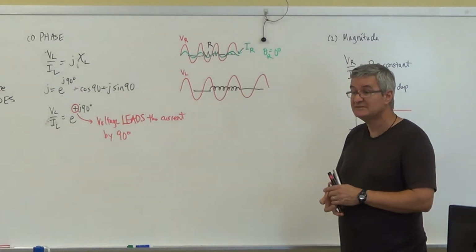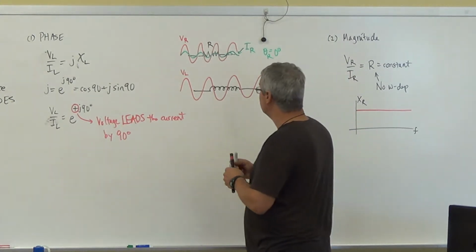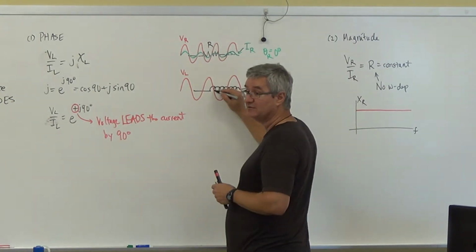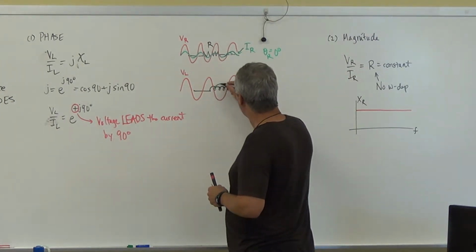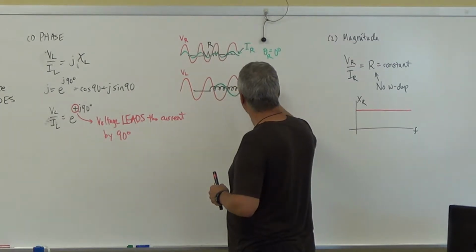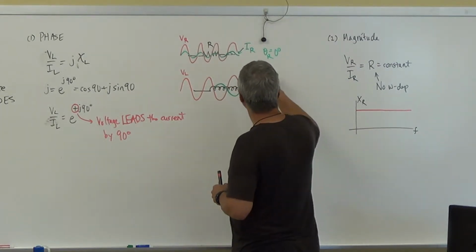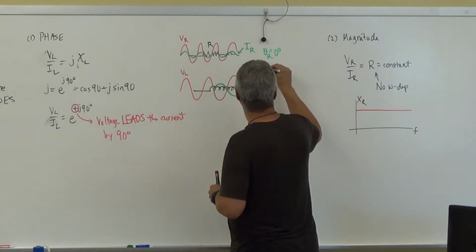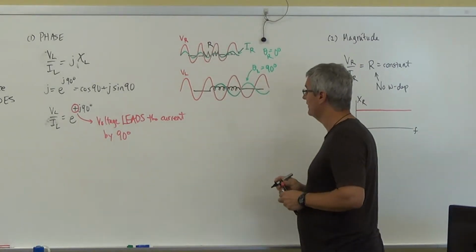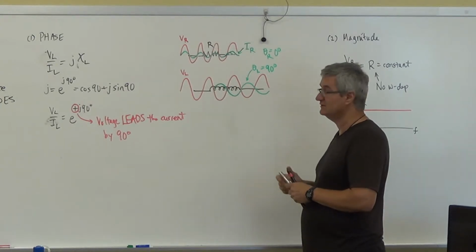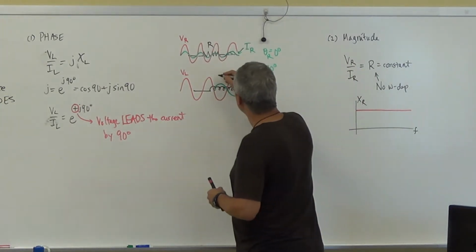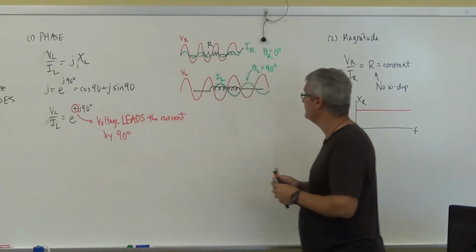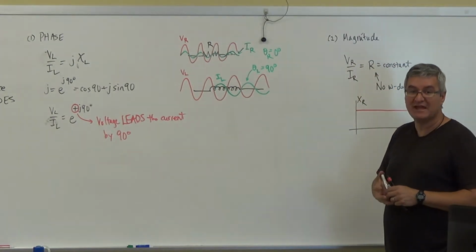But as soon as it hits this inductor, the current is now out of phase. How much is it out of phase by? 90 degrees. And as a consequence, by the way, I should have written this as IL, there is now a phase difference.